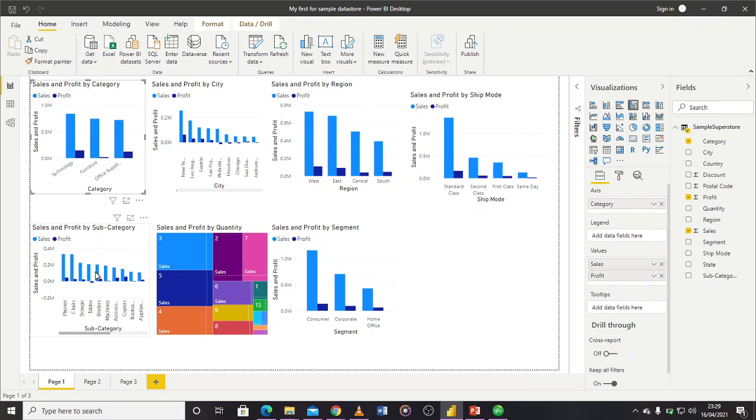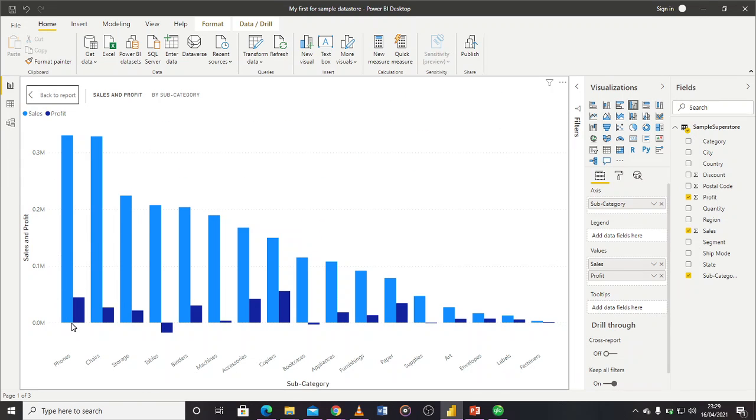If you look at sales by subcategory, the highest sales is phones, while the highest profit is in the copier subcategory, and the lowest profit, which is a negative value of 17,725, is found in tables. That's also a weak area that needs work.